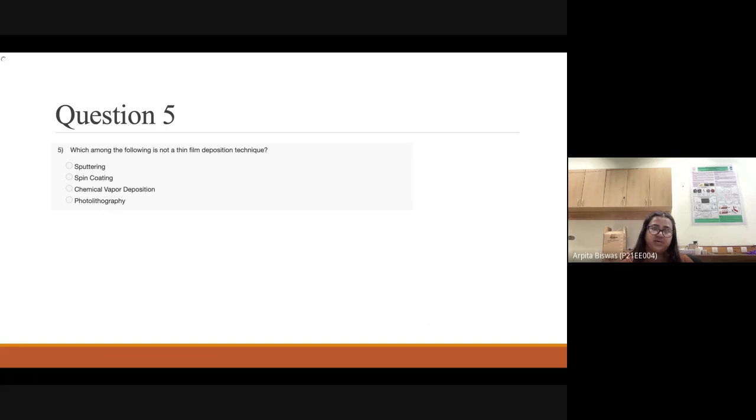Where is the target? Where is the sample? And how is the deposition process going on? Is it hitting something, or bombarding some ion, or anything else?